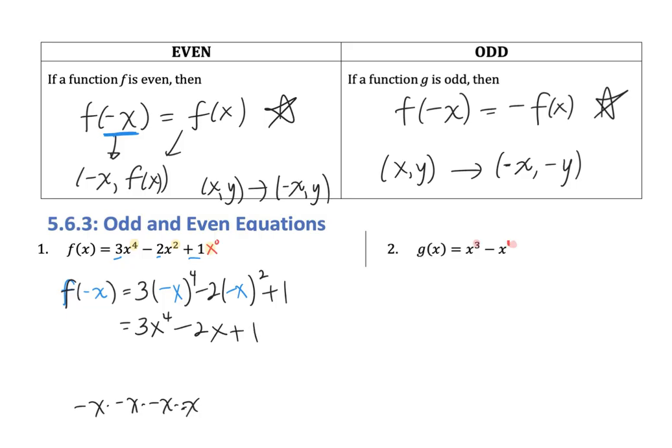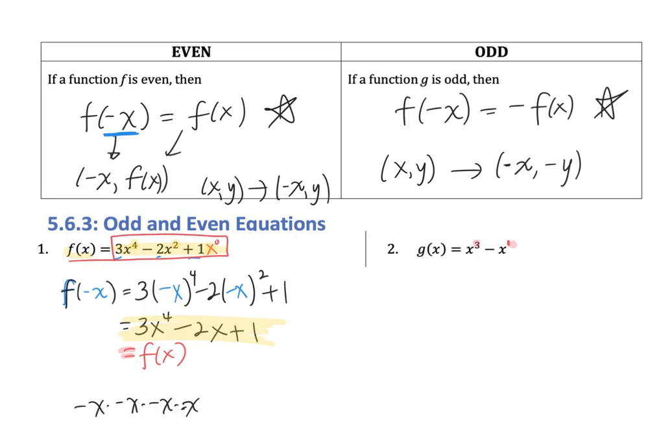And what do you notice that we get? Well, hopefully you are noticing that this final statement after I did my simplification is the same as the original function. So that led me back to the same exact function that I had originally.